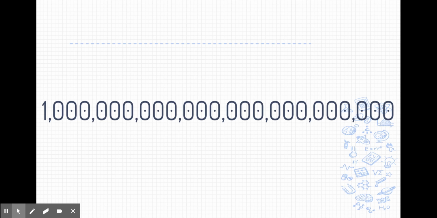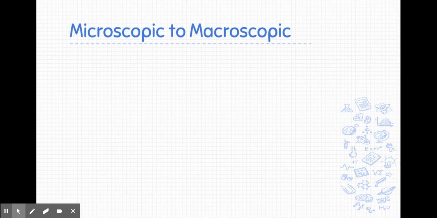So the second problem that chemists have is that the sheer number of atoms and molecules which are involved in even very small reactions is astronomical. So we're dealing with huge quantities of very, very small things. So what chemists developed was a way to simplify the way we talk about huge quantities of particles.